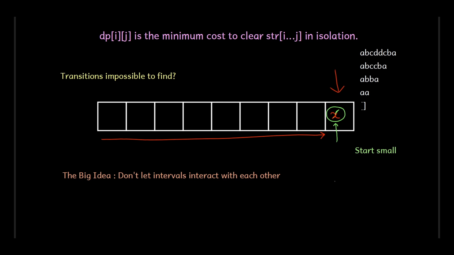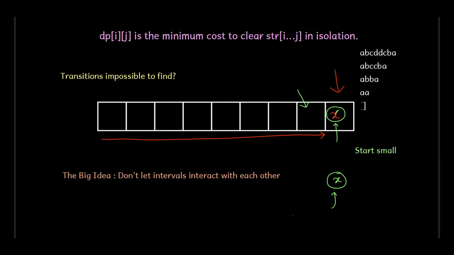Either you would apply it when x is the only remaining element, or the current element to the left of x is not equal to x, so you have to apply it alone.